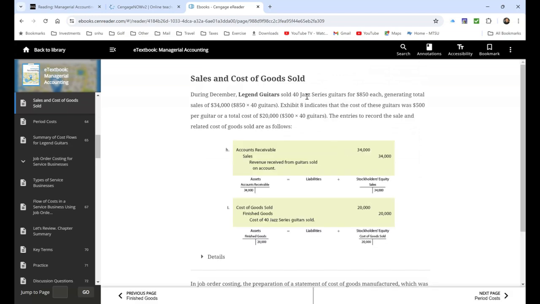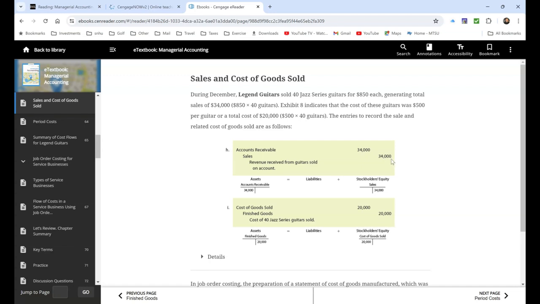So again, when we sold the product, either we're going to receive cash, but more likely it's going to be an accounts receivable. So we're going to be paid later. And so for every sales transaction, you're going to have two journal entries, or it could be one journal entry, but 4 lines. So you're going to debit accounts receivable or cash. You're going to credit revenue because you sold it.